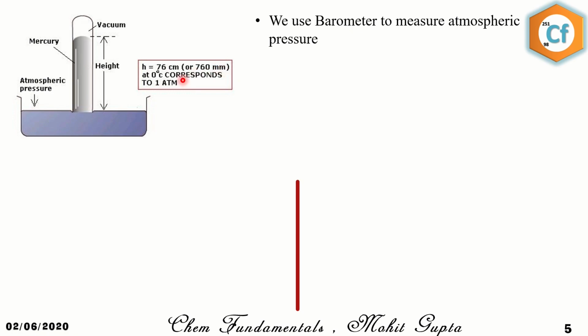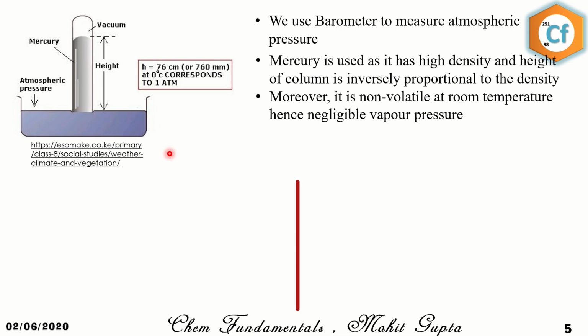But the point to remember here is that it is at 0 degrees Celsius, which is equal to 273 Kelvin. This is the standard condition at which we measure the atmospheric pressure. Now, what is the use of using mercury here? So mercury has a very high density, and moreover we know that the height of the column is always inversely proportional to the density.